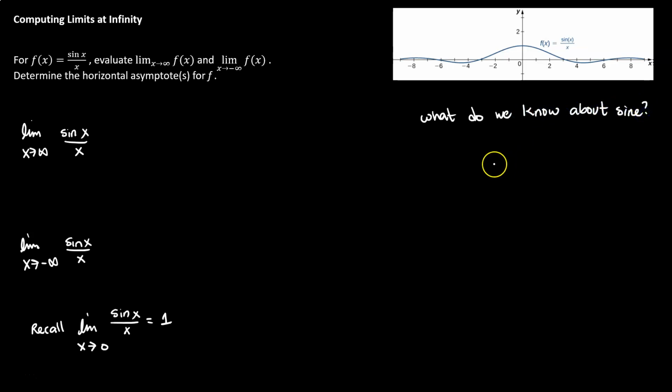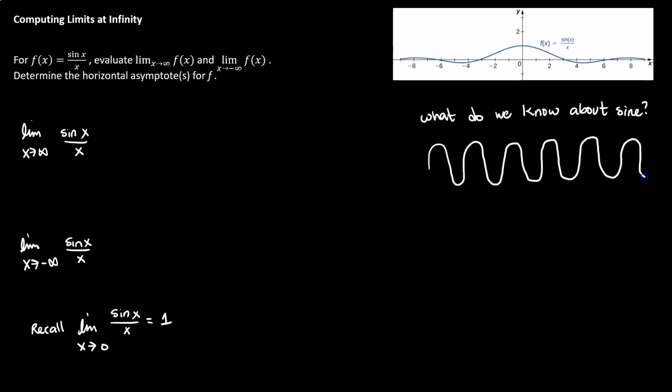Well, we do know that the sine function itself is an oscillatory function that oscillates between two numbers. The largest value up here at our top is 1. The smallest value down here at our bottom is -1.